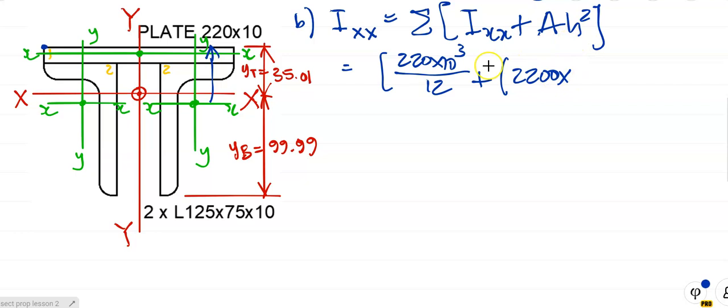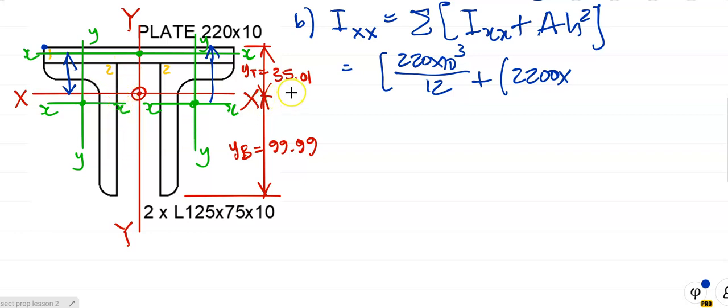What's H? You know what H is. H is the distance from the centroid of the element to the centroid of the whole cross section. Did you get that? You need to learn that. If you learn that and you memorize it, you will know what to look for. Can we work it out?